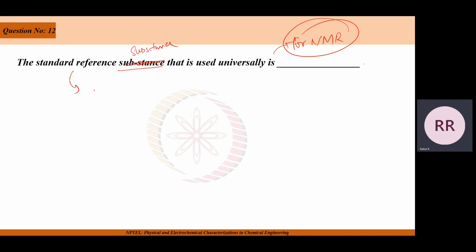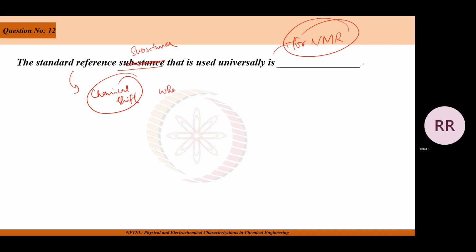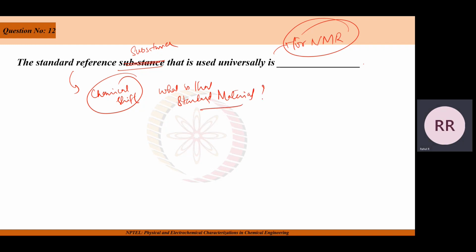So actually here you mention the chemical shift. We measure the chemical shift with respect to some standard material. What is that standard material? I can give you a few seconds to think about the answer, then I will discuss the answer with you.